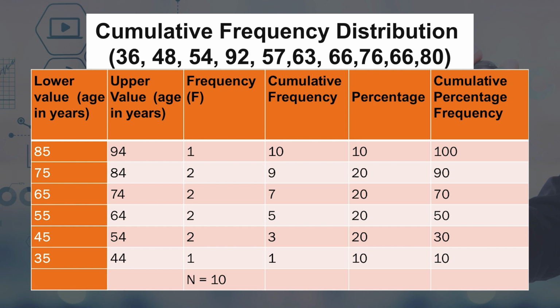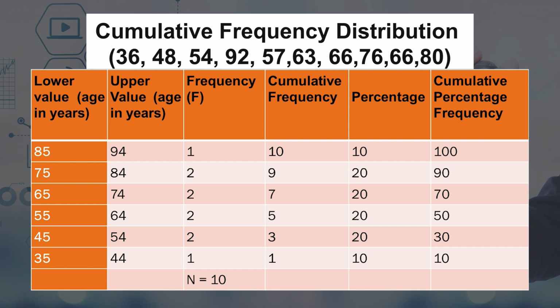Here, first we need to classify them into groups. For example, we can make groups on the basis of the score. So the groups are like 35 to 44, then 45 to 54, 55 to 64, and so on.